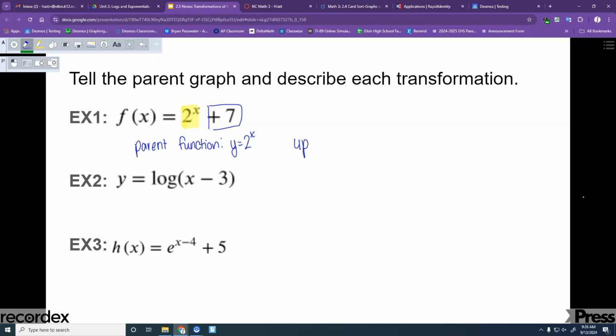Up 7. Okay? So the adding or subtracting on the end here moves it up or down. Let's skip down to example 3 because that's our other exponential. e is being raised to the power. So that e to the x, that's your parent function.